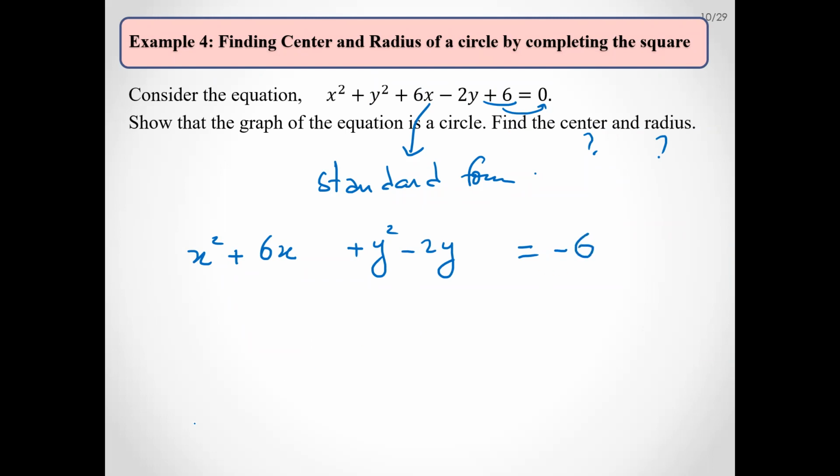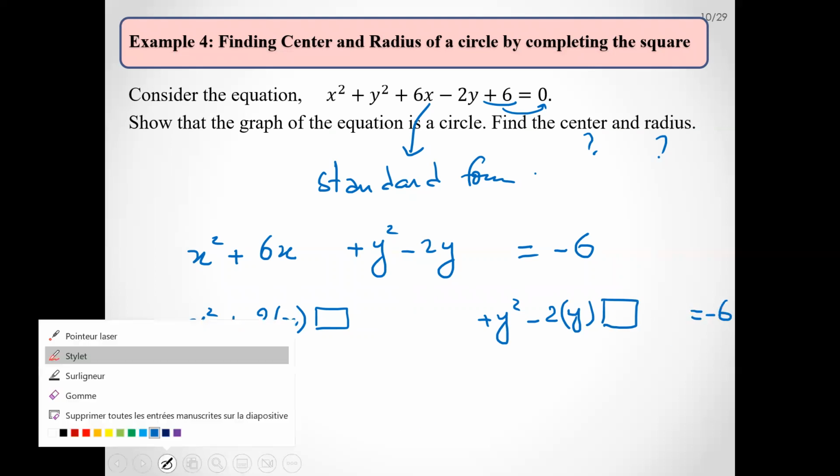Okay, this is the first step. The second step, we rewrite this term as 2 times x times something. We rewrite y square as minus 2y times something.